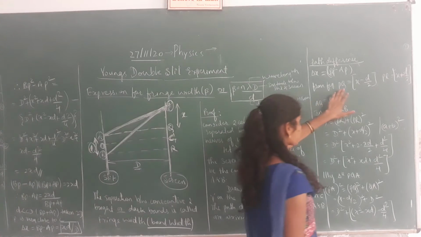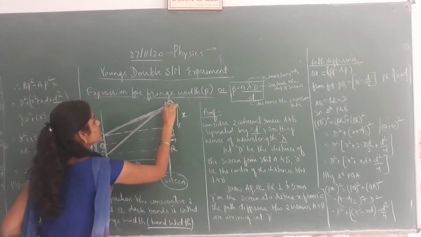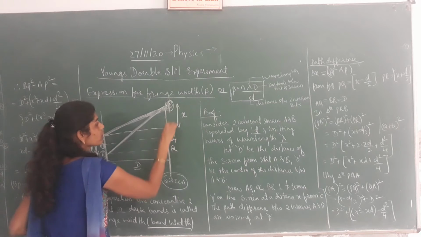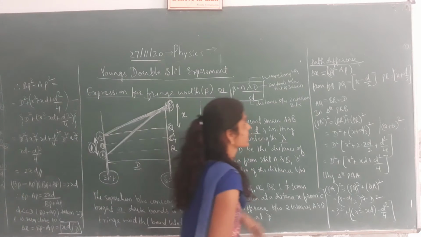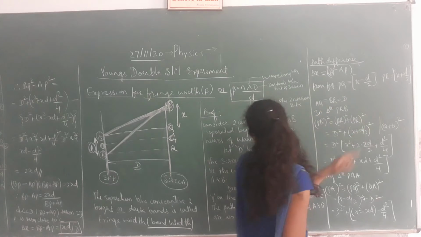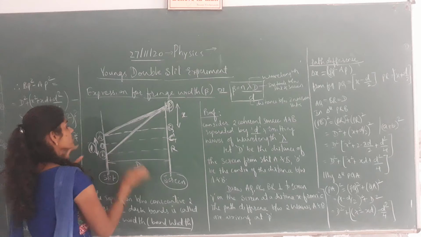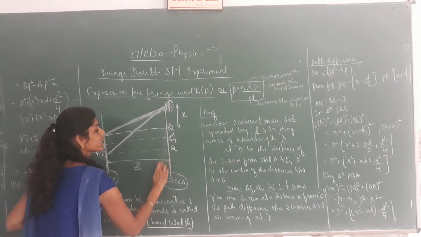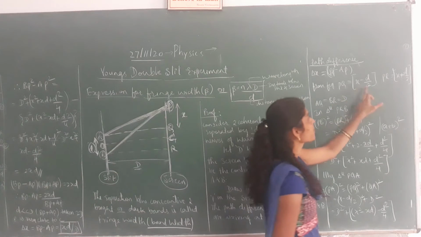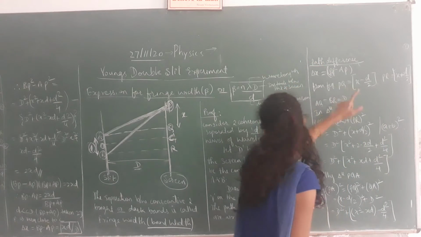from that figure, this is the P point and this is the Q point. So PQ is given by x minus d by 2. This is the x distance, and this difference we are going to call d by 2. So x minus d by 2 is the PQ distance.